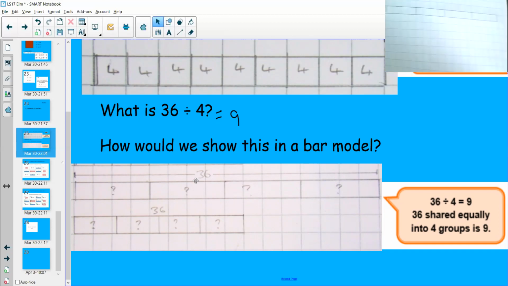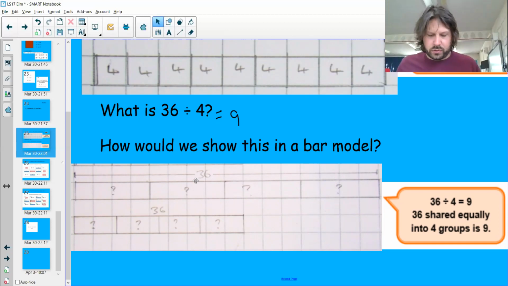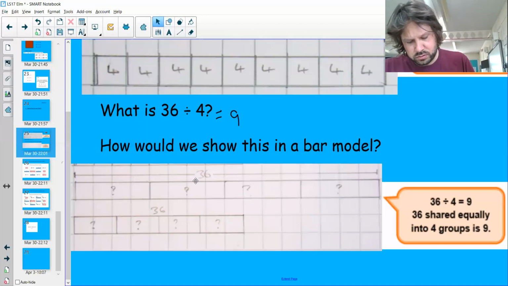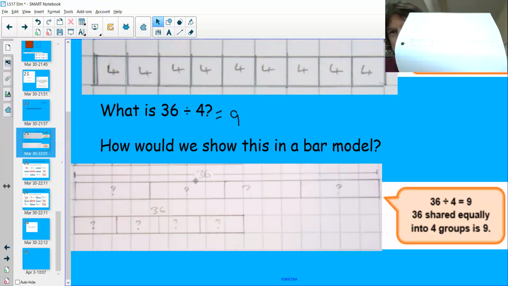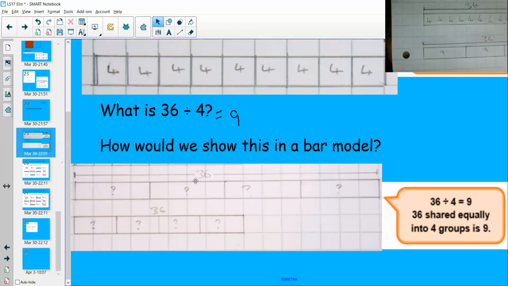Okay. I've got my lovely bar there. The total amount is 36, and each section is 4, and 36 divided equally into 4 would be 9 in each group.